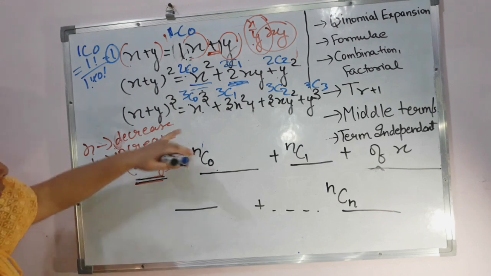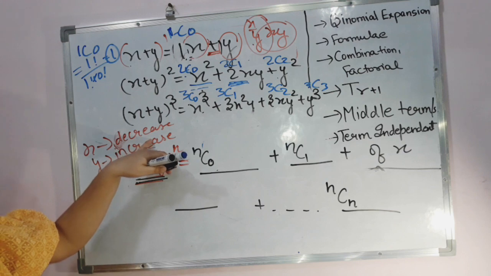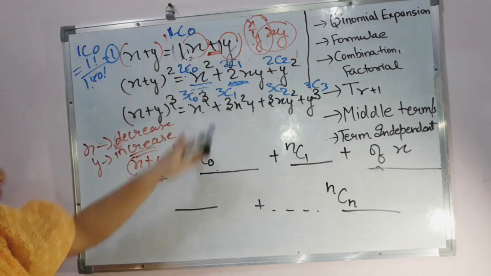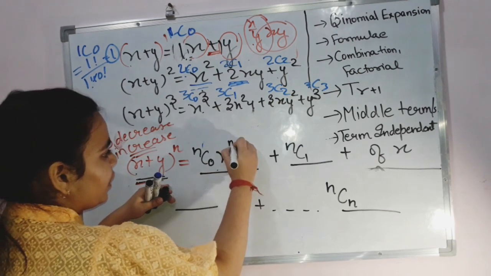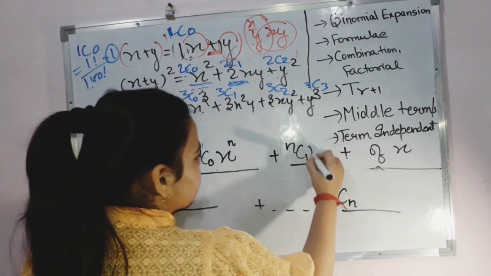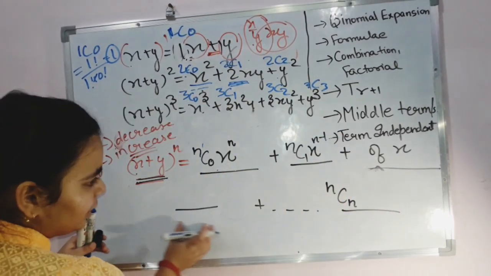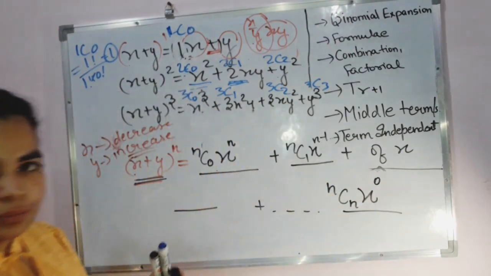And x, we have seen x is going in decreasing power, but starting from the power that was there. That means x is going to have the power n. Over here x is going to have power n minus 1. Up till what power? Raised to the power 0.